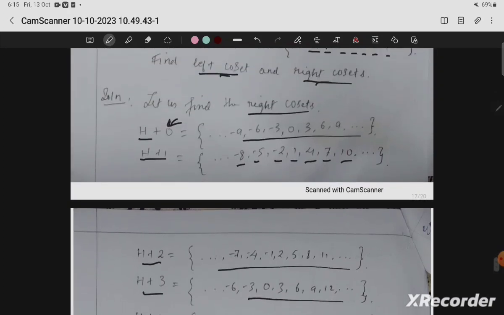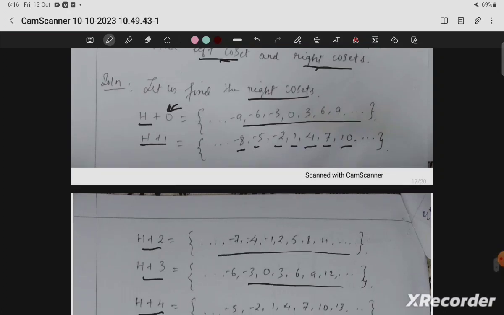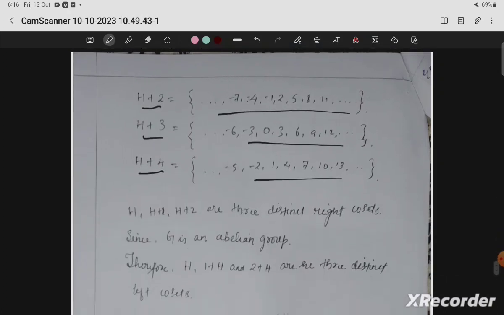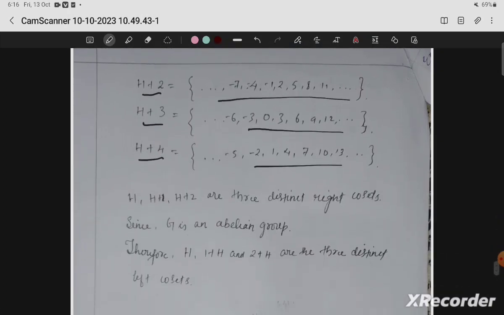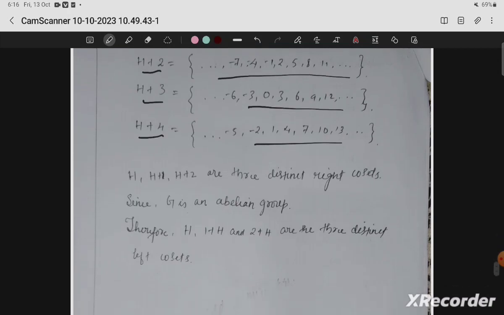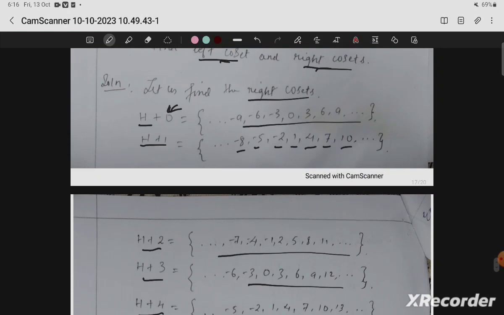As we know that the right coset and left coset are the same, we will get the same answer. So I'm not showing the left cosets since they are the same. And if we are asked to find the distinct cosets of both right coset and left coset, then we can see that H plus 0 is distinct, and H plus 1 is distinct, and H plus 2 is distinct.